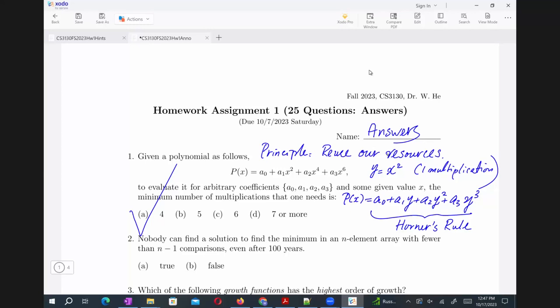When you reduce the degree, you also reduce the number of multiplications by Horner's rule. So this computation needs 3 multiplications. So the total, 3 plus 1 equals 4. That's simple. But only a small number of students gave me 4.